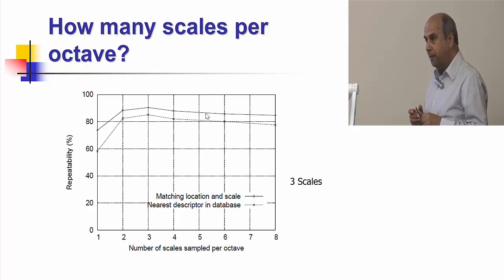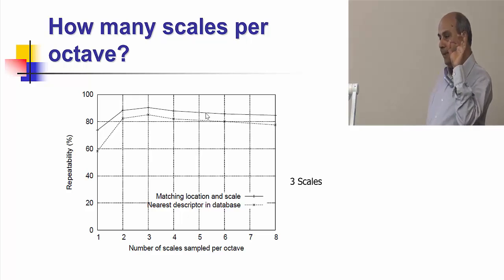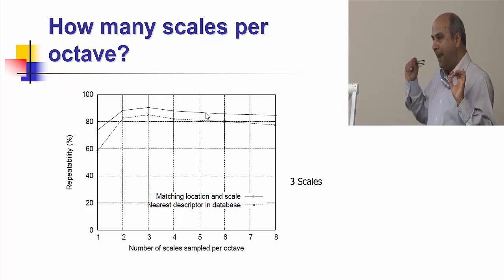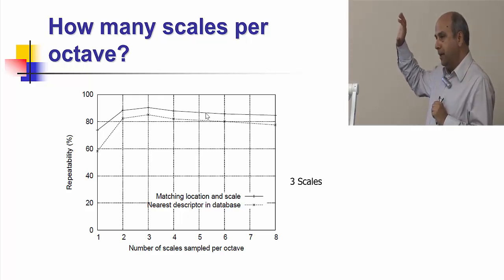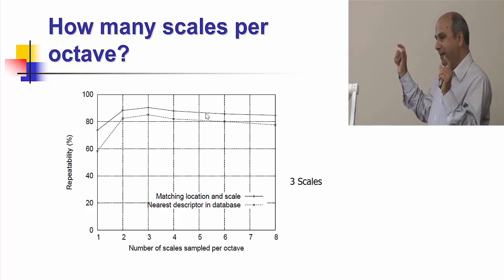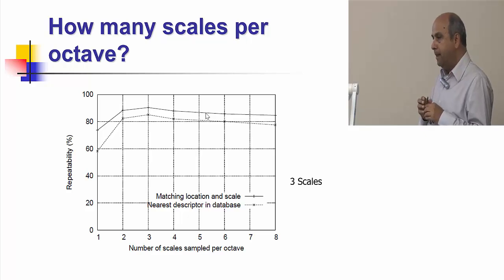Another criterion was that if you get a point in an image and then you want to match that point in the rotated version of the image, can the descriptor match it? We're going to talk about the descriptor.